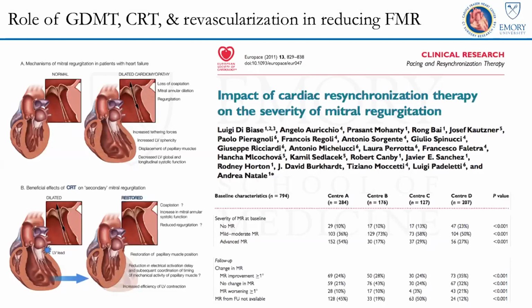When moving to cardiac resynchronization therapy, the mechanism associated with using cardiac resynchronization therapy to reduce functional mitral regurgitation is that synchronizing the different parts of the left ventricle and their contraction could be quite useful in restoring the valvular ventricular continuity or valvular ventricular dynamism, such that the papillary muscles would work in sync and potentially reduce the dyssynchrony, and that would result in better closure of the mitral valve and a better systolic geometry.